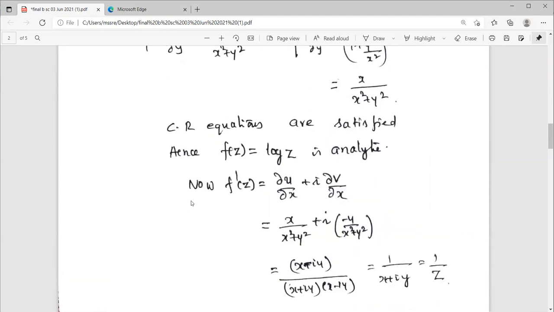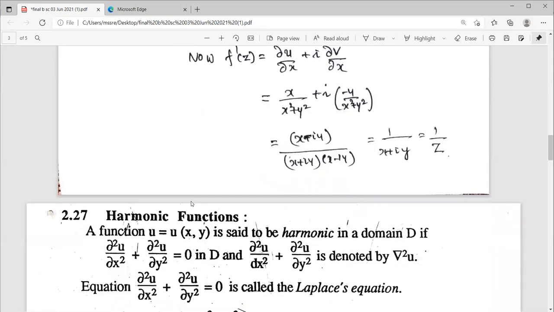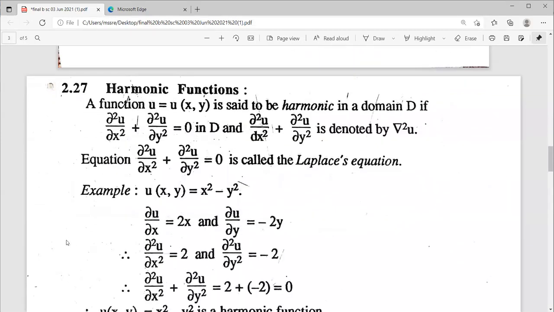Next, we shall go to the definition of harmonic functions and some theorems on harmonic functions. Harmonic function is very important in view of the examination.